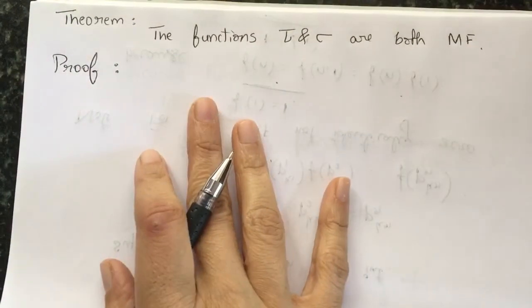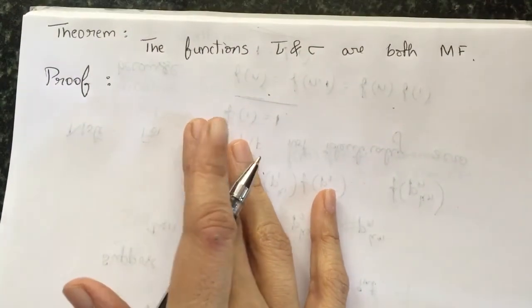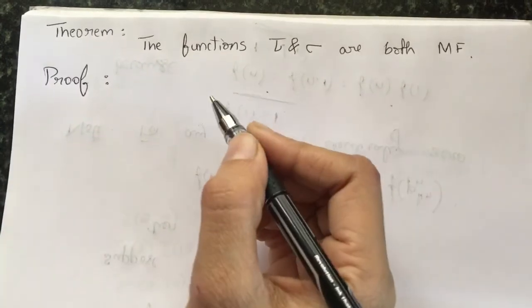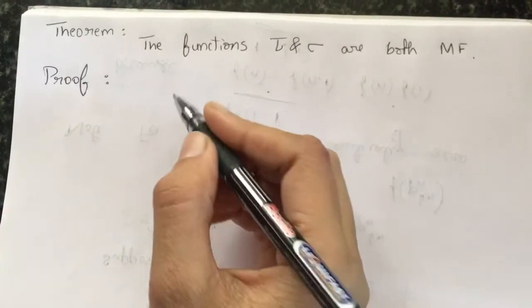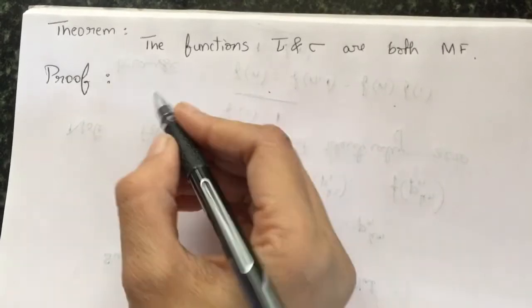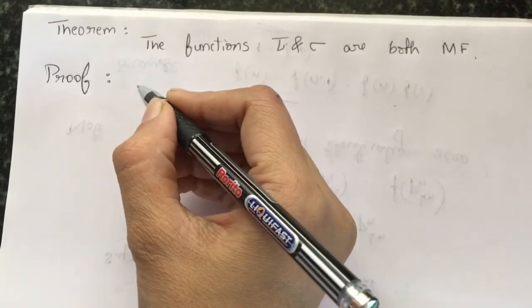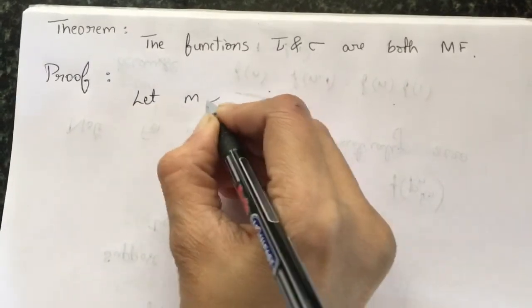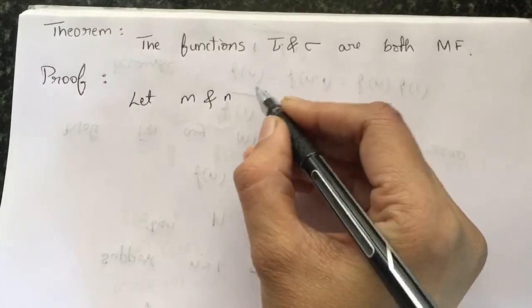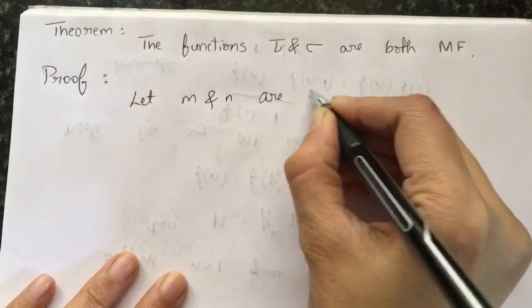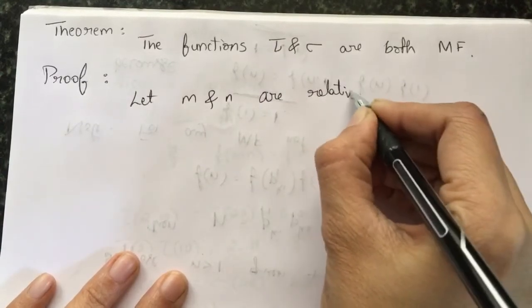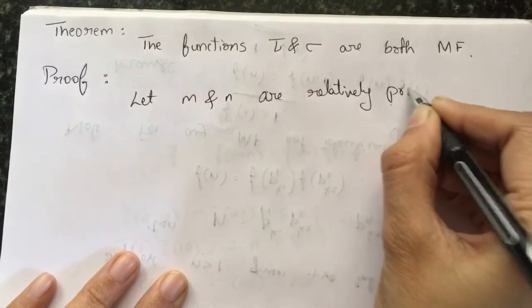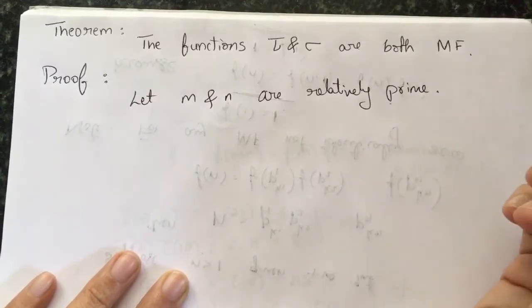Tau and sigma both are multiplicative functions. To prove this, suppose I have two numbers m and n which are relatively prime, in the sense their GCD is 1.